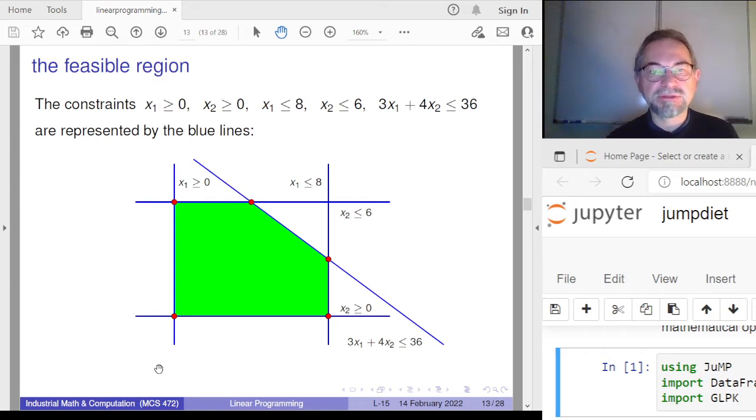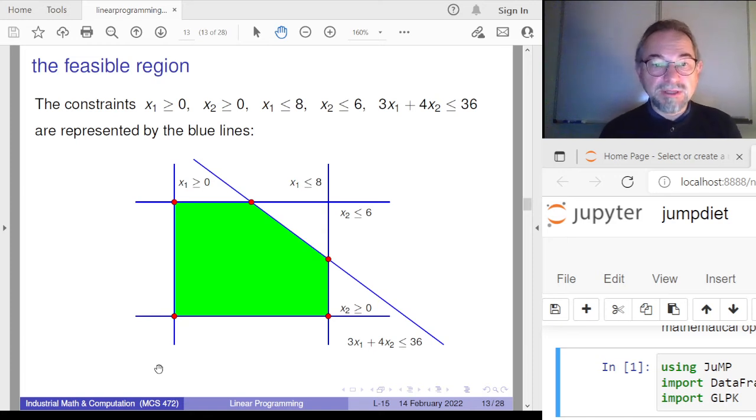That would give us a rectangle, but the shape is a little bit more interesting. So we have a slanted line, 3 times x1 plus 4 x2 less than or equal to 36. So you see our feasible region is the green zone, defined by these blue lines.